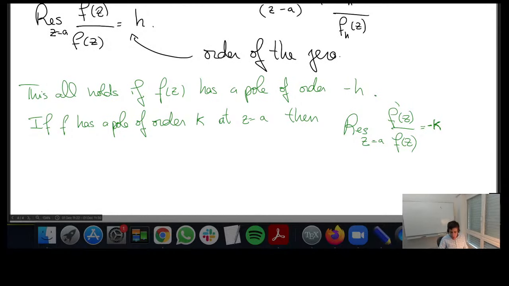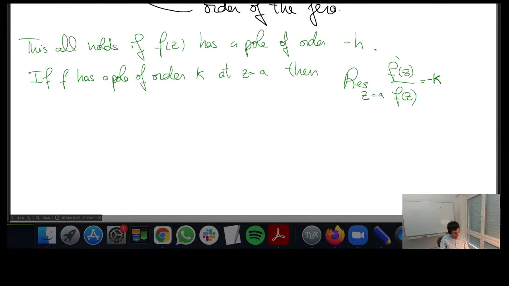Okay? And so what you get immediately out of this is a generalization of the thing we showed for counting zeros. And this is a very nice theorem.